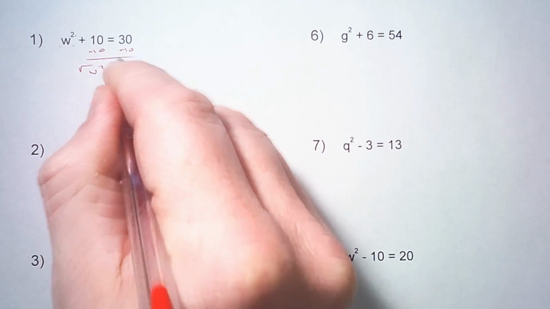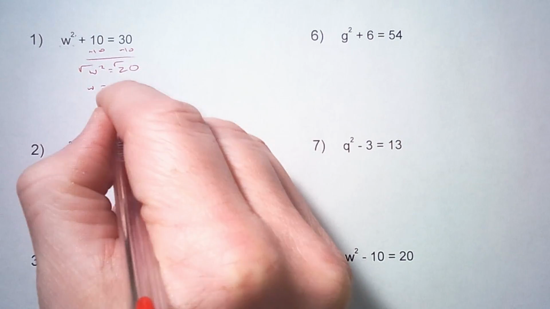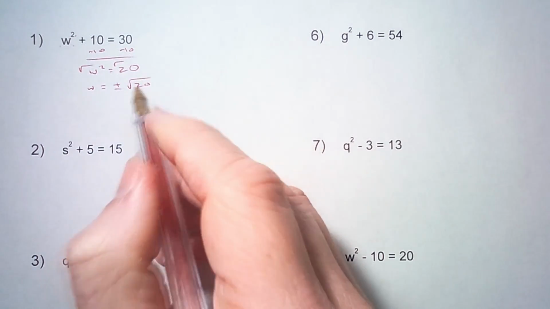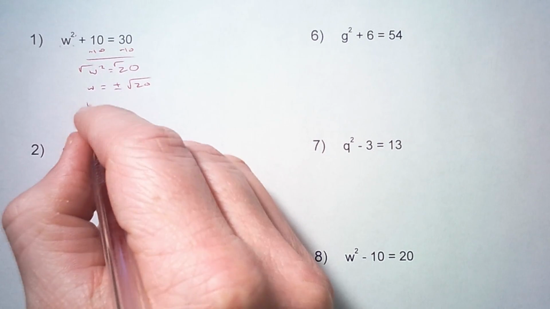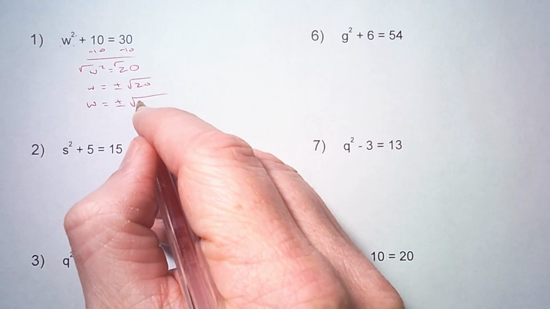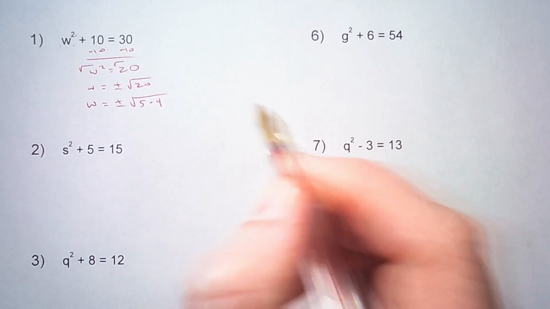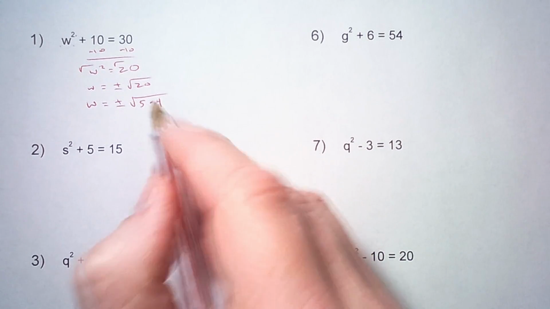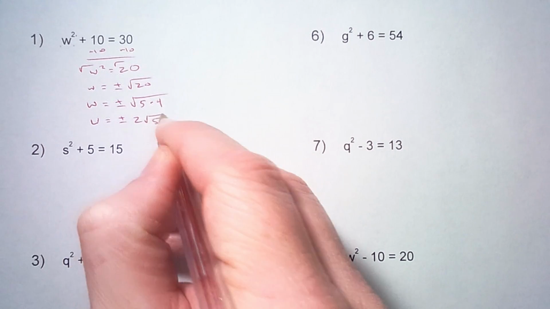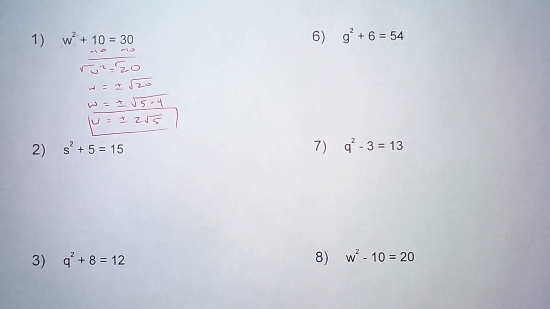And then take the square root, so w equals plus or minus the square root of 20. And 20 is a square root that can be simplified. So it's plus or minus the square root of, and 20 is 5 times 4. And the square root of 4 is 2. So w equals plus or minus 2 times the square root of 5.